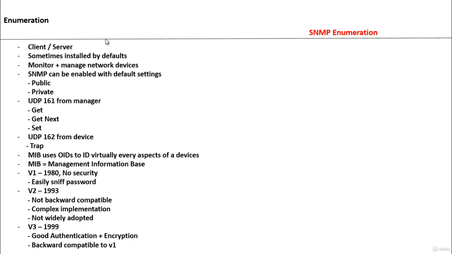SNMP version 3 has filtering features. It has good authentication and encryption methods, and it is also backward compatible with version 1.